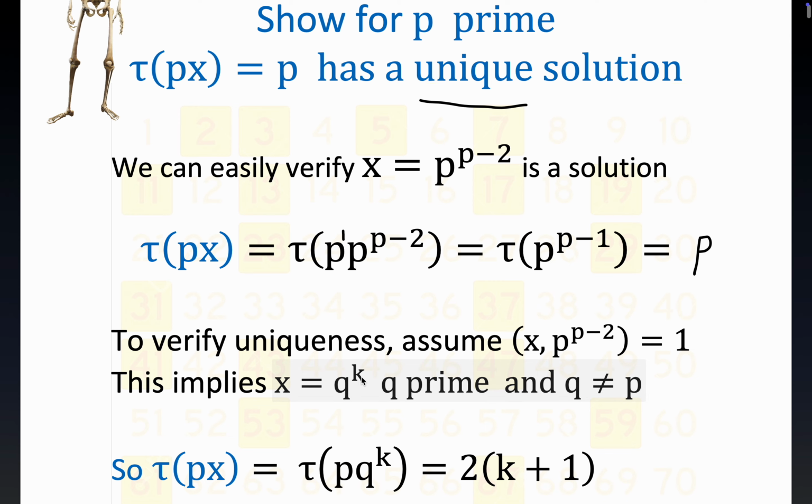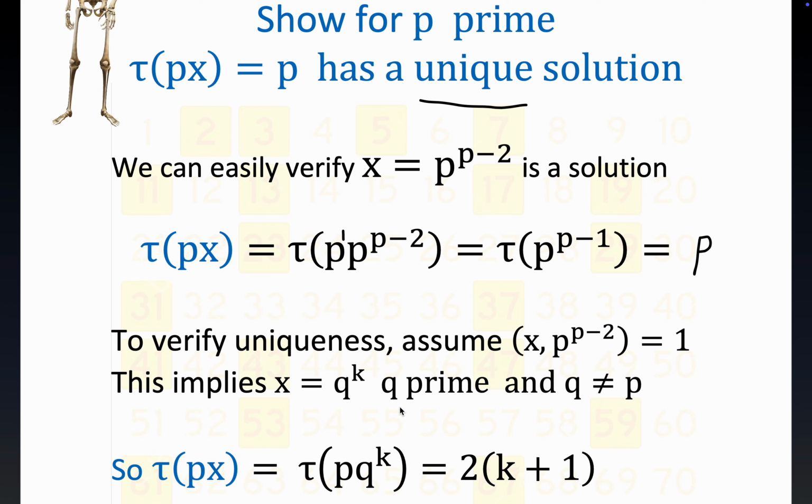To verify uniqueness, we're going to assume that our indeterminate x and the solution that we established here are relatively prime. That means they don't have any common factors. And so that implies that x is equal to q raised to the k power, where q is some prime.